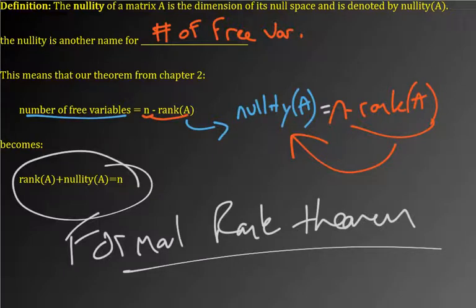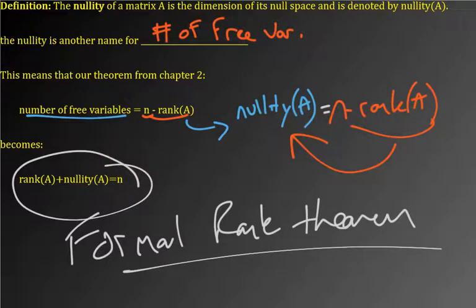But if you think about what it's saying, the number of things that go to 0 in the linear transformation, the things that disappear, the size of those things, plus the size of the things that actually transfer, should equal the size of the matrix, which is not a very brilliant statement.